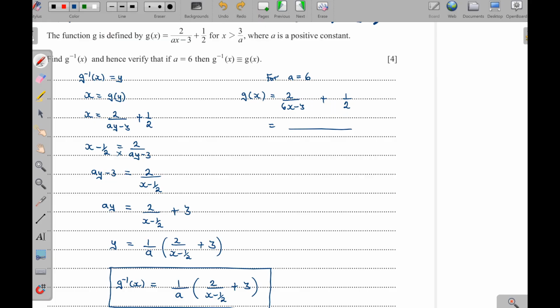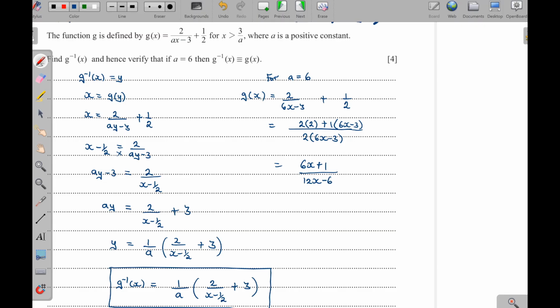So we shall have 2 times 6x minus 3, then 2 times the 2, you'll get a 4, and then a 1 here will multiply with the 6x minus 3. So simplified, we shall have 6x, then minus, this is 4 minus the 3, that will be positive 1, then out of, this will be 12x minus 6.